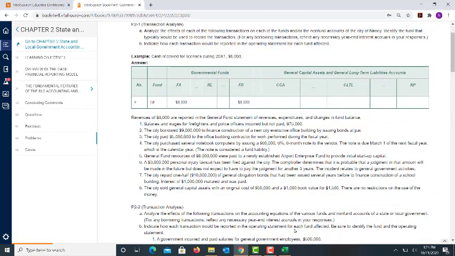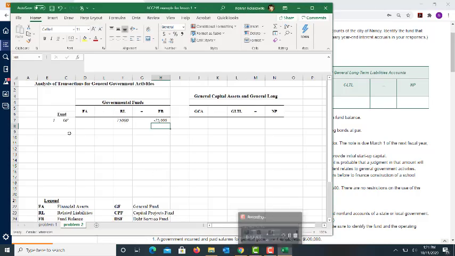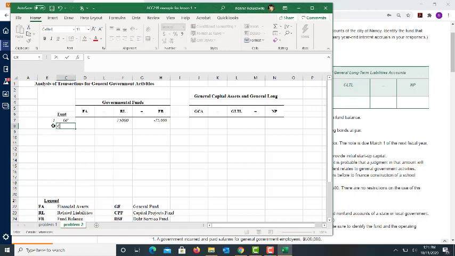So moving back to the problem, number 2 says the city borrowed $9 million to finance construction of a new city executive office building by issuing bonds at par. So in that area where I showed you in the chapter, you learned that borrowing $9 million is a capital projects fund. So number 2, CPF, Capital Projects Fund. So that $9 million is going to be an asset.